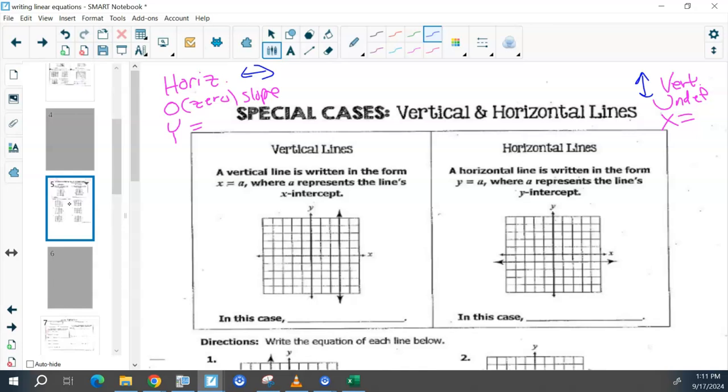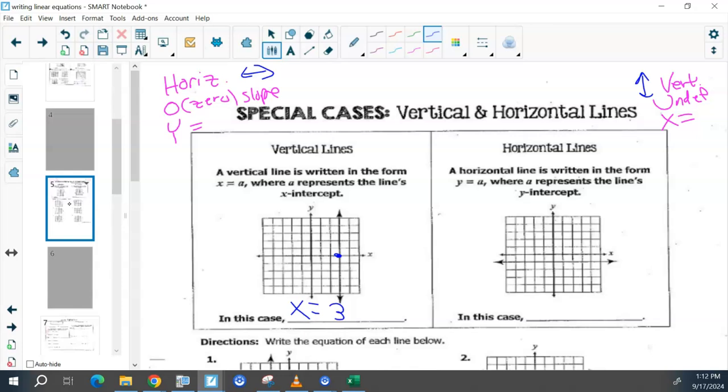So if we have some graphs, previously we talked about the slopes of these graphs, but now we're going to write the equation of these graphs. If we have some vertical line, it's always going to be some x equals whatever that is at the x-axis. So in this case, this would be x equals, what is that number? 3.